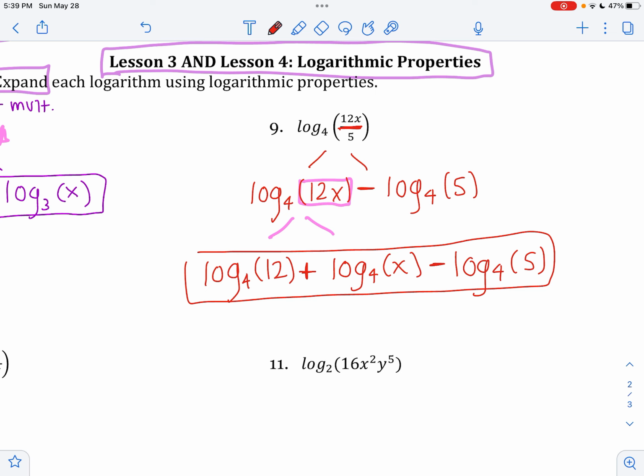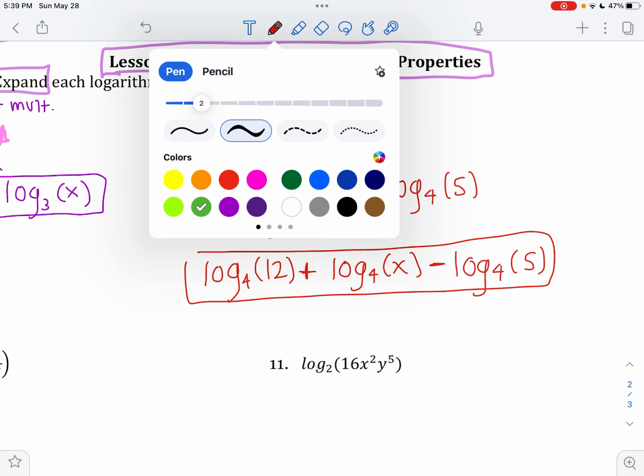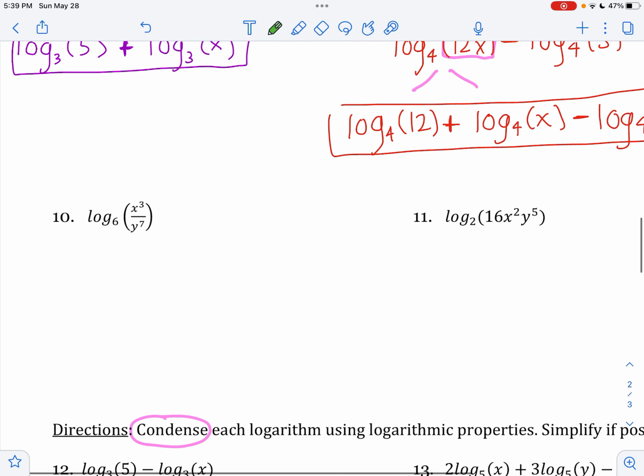Okay, number 10. Let's do this one. Now again, I see division. Division means subtraction. So I'm going to split this up, log base 6 of x to the 3rd. I'm going to take the top and I'm going to subtract the bottom, log base 6 of y to the 7th.